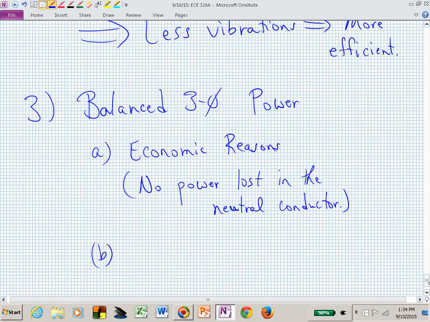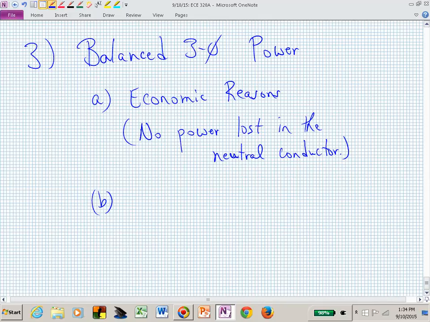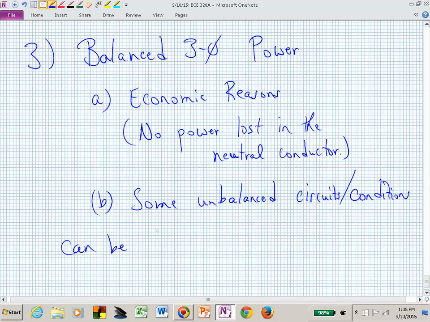And learning balanced three-phase power is the best place to start in terms of learning these concepts, because some unbalanced circuits or some unbalanced conditions can be solved by what are referred to as symmetrical components.